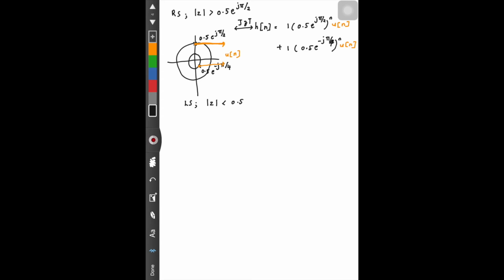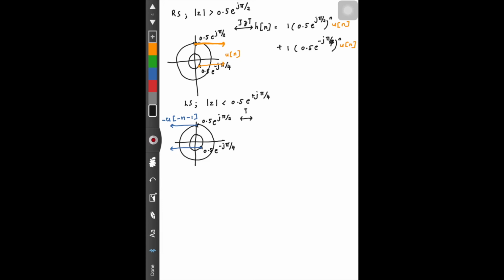Next we move to left-sided. For left-sided, modulus z is less than 0.5 exponent positive j pi over 4. For left-sided, all your poles will approach to the left, so the function for both is minus u[minus n minus 1].